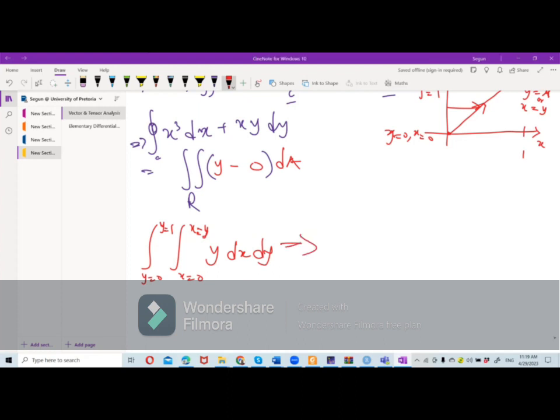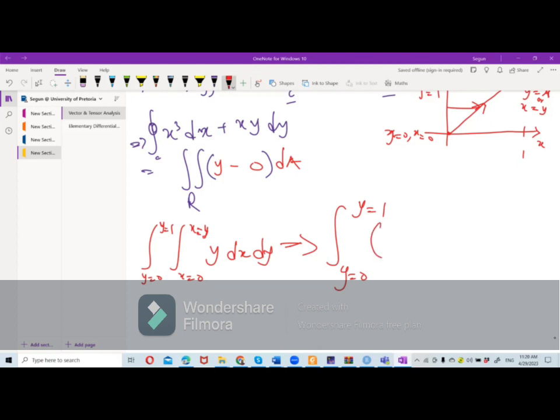For me to solve this now, integrate this one first with respect to x. If I integrate this thing with respect to x, what do I get? So you are going to have integral y of 0 to y equals 1.